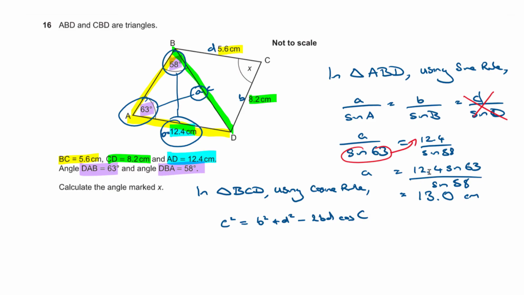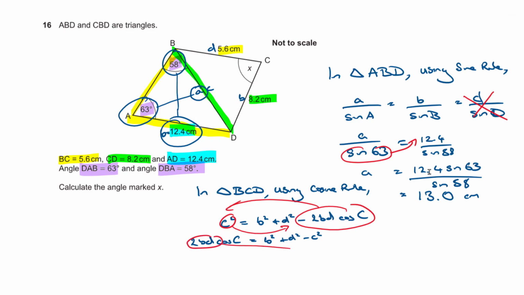So moving the C squared over here and the minus 2BD cos C over this way, I'm going to get 2BD cos C is equal to B squared plus D squared minus C squared. Okay, and then dividing through by 2BD, which will move that down there, I'm going to get cos C equals B squared plus D squared minus C squared over 2BD.